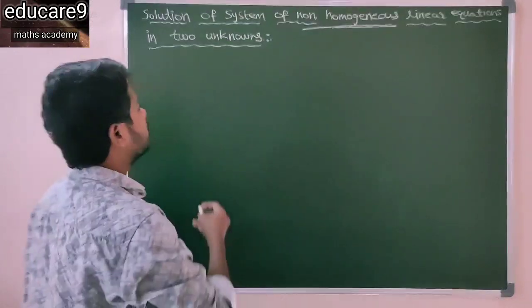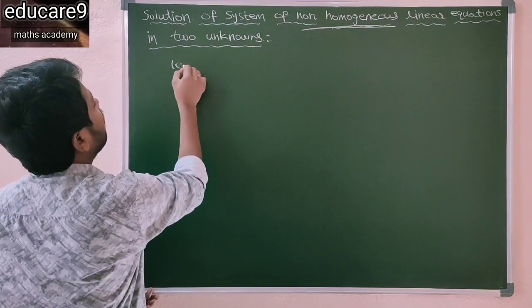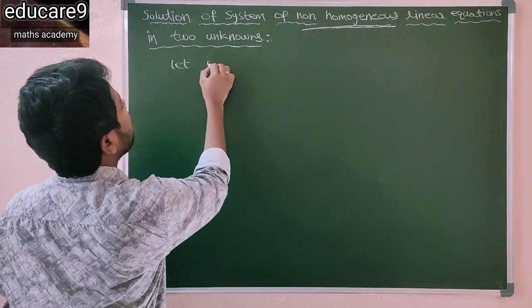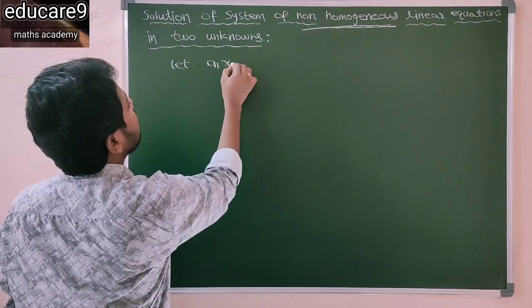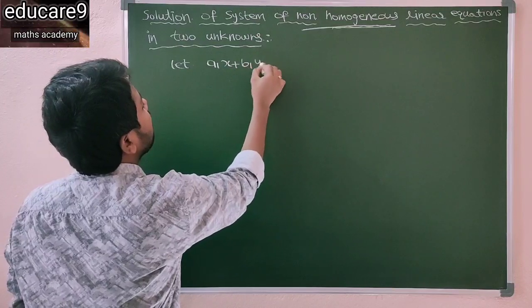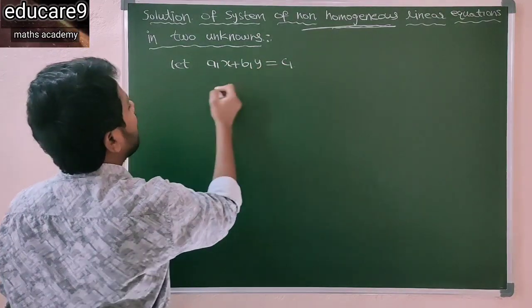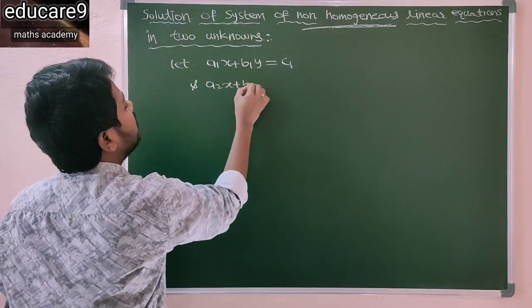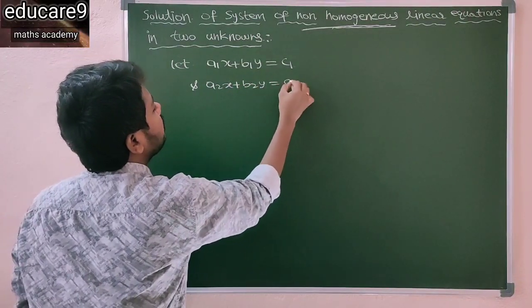Let us consider a system of two non-homogeneous linear equations: a1x plus b1y is equal to c1 and a2x plus b2y is equal to c2.